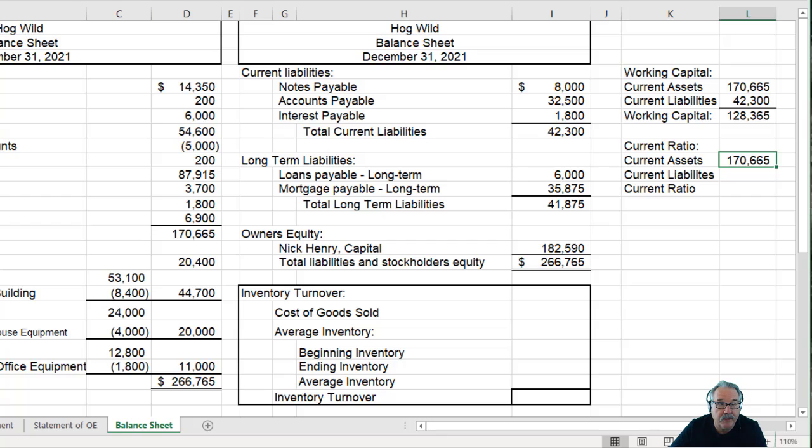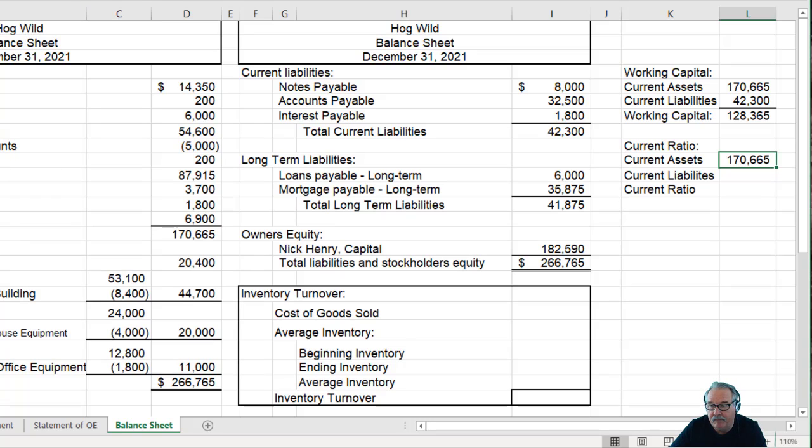And since we're going to divide, I'll put the line in the middle. Current liabilities, $42,300. When I take the current assets and divide it by current liabilities, I get a current ratio of 4.